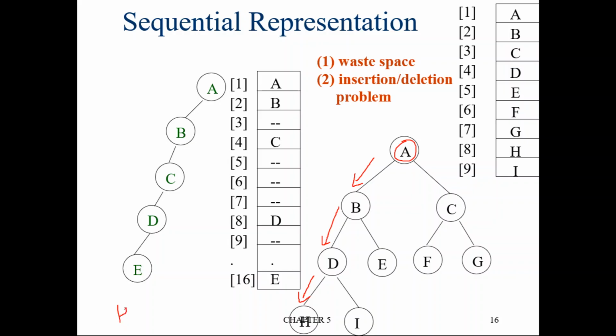So H. First in order means first H. Then after that, what should be visited? Root. So what is the root of H? D. So visit D. Then right. What is its right child? I. So then visit I. Now the entire left of node B is visited. So after visiting its left, what should be visited? Its root.